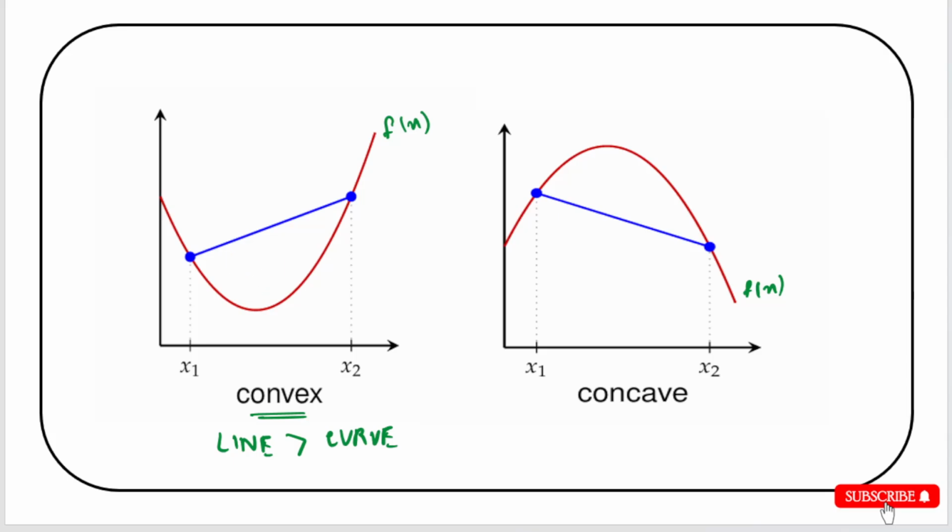In a visual way, if you want to know. So if the line segment joining any 2 points on the curve is always greater than the curve itself, then you will say it's a convex function. And the reverse is true for concave, the line will always be less than the curve.